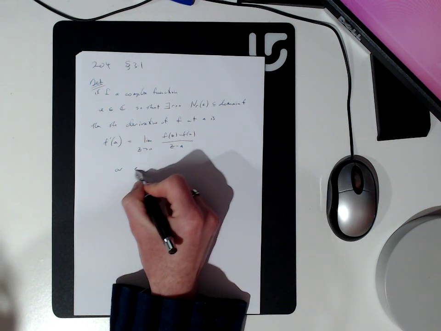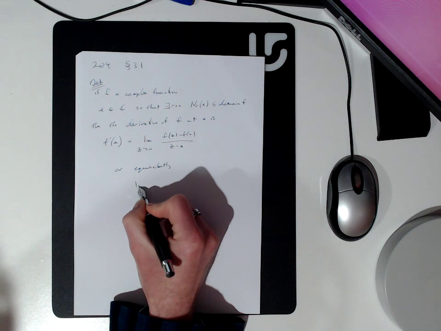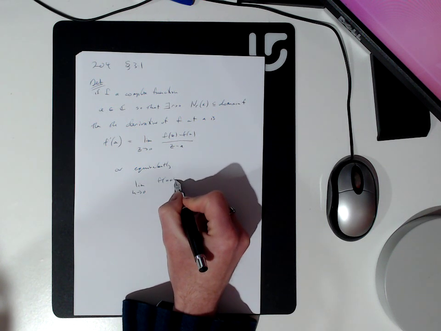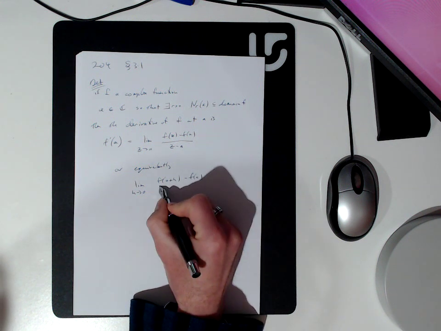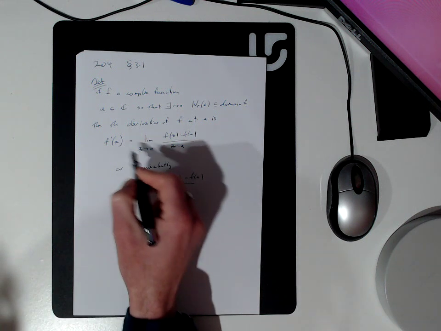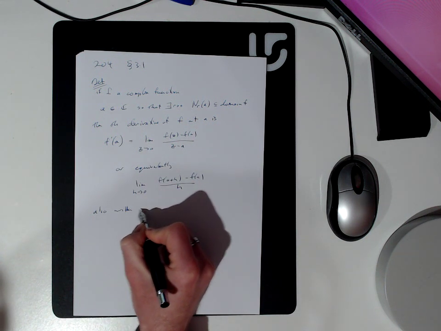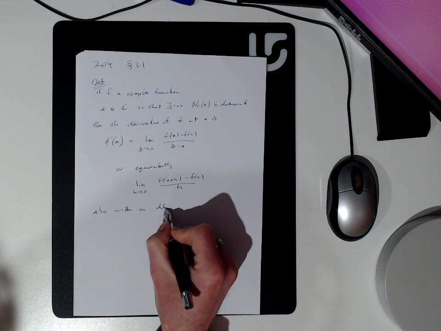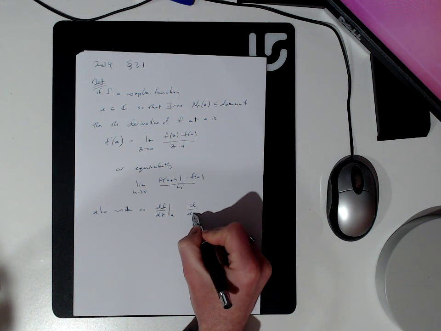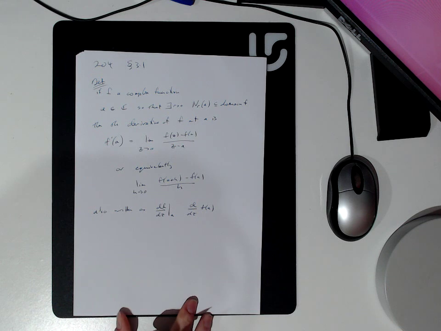Or equivalently, this is the limit as h goes to 0 of (f(A plus h) minus f(A)) over h. It is also written as the derivative d/dz of f evaluated at A, or d/dz of f(A), or any number of other valid things.